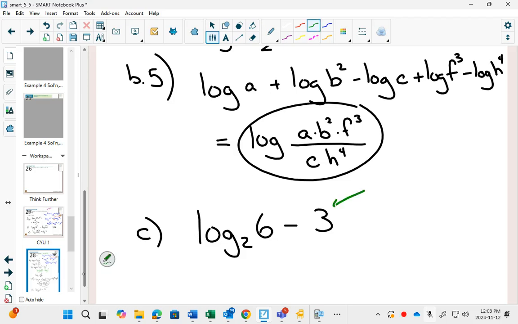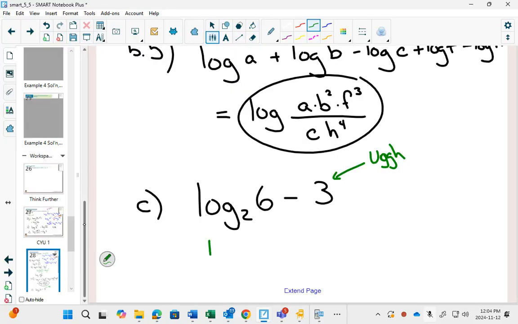I'm going to make a little note: ugh. That doesn't match. It only works if it's log 2 of 6 minus, and the log law is very particular, it would have to be log 2 there as well.